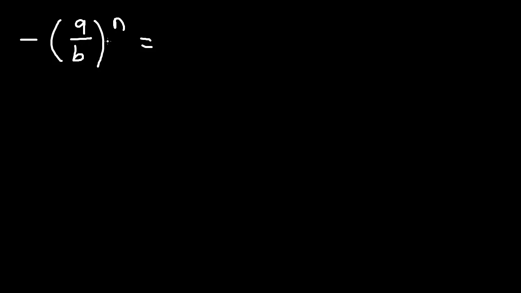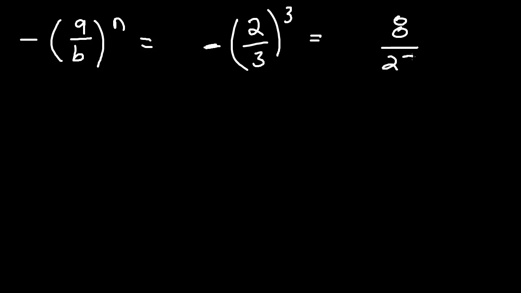Well, let's say we had 2 over 3, right, to the power of 3. But then in this case, we have a negative at the front. Well, we do our problem ignoring the negative, basically. Because we can just do 2 over 3 to the power of 3, which we found in our previous example was 8 over 27, right?